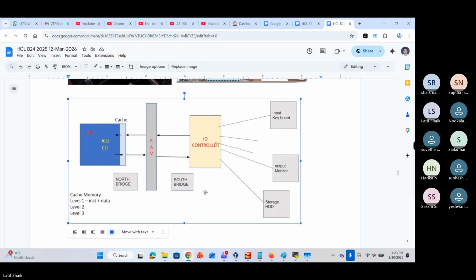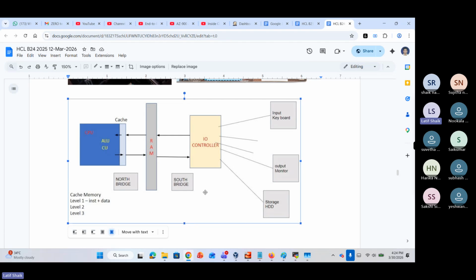There are input devices like keyboard, monitors, storage devices. So we can't directly give input to our processor. What happens? There is an I/O controller, input output controller, with the help of the South Bridge.